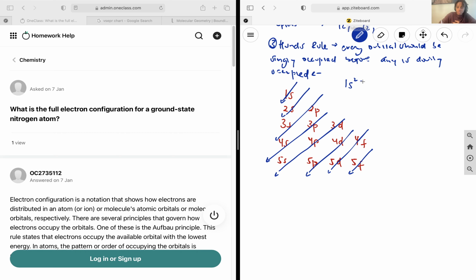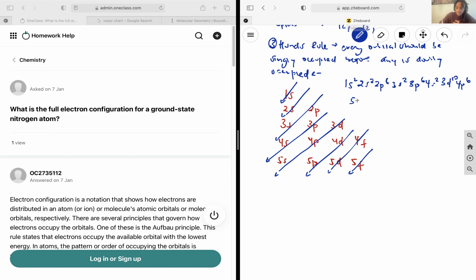So it would be 1s2, 2s2, 2p6, 3s2, 3p6, 4s2, 3d10, 4p6.